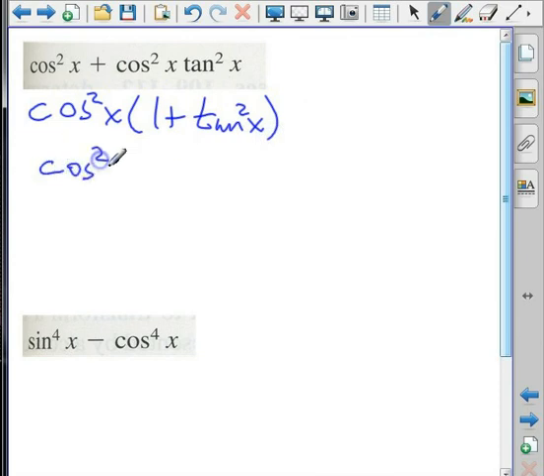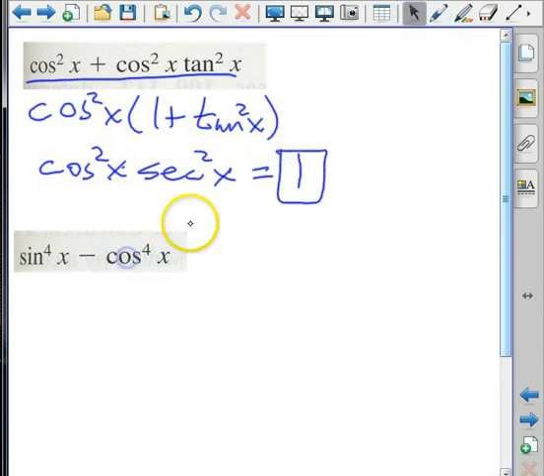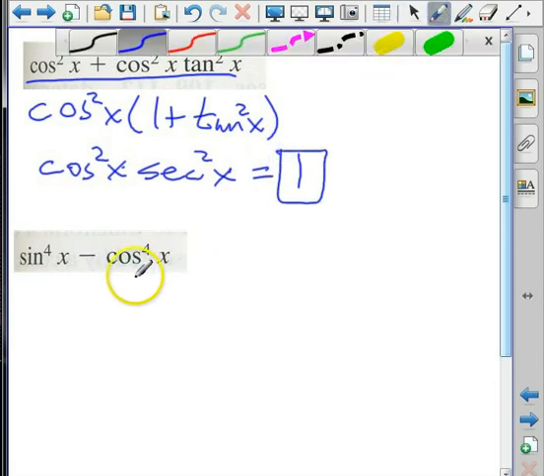So I have cosine squared x times secant squared x. That's a Pythagorean identity. Well, cosine and secant are reciprocals, so guess what happens when you multiply reciprocals together? The whole thing equals 1. So this is 1.